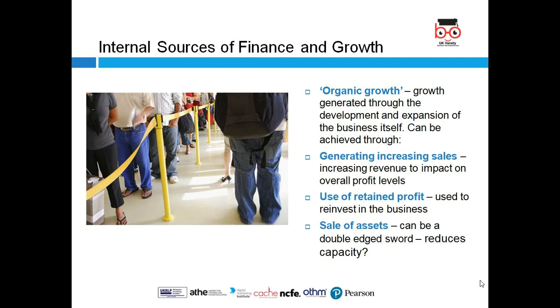How long can we hold the profit? Retained profit means the profit from previous years which we did not distribute among the shareholders. That profit we can retain, and it helps boost our capital. Sales of assets: if we have assets in our control, we can sell some and raise the finance.